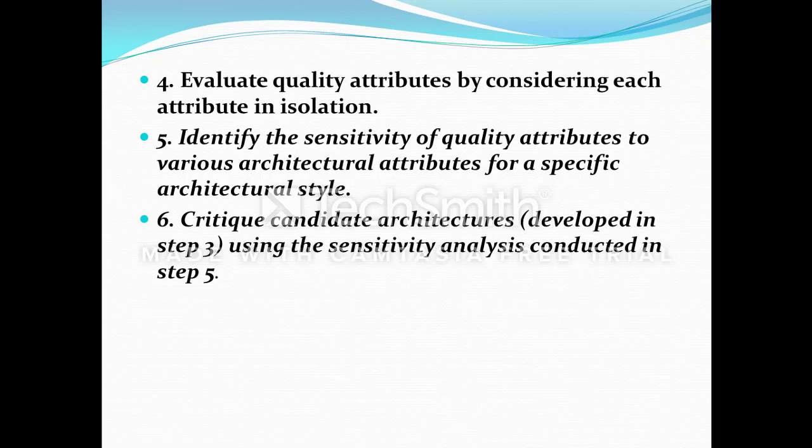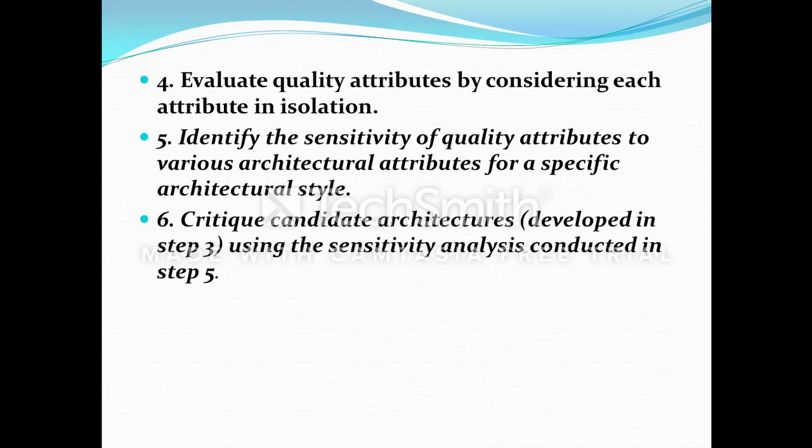Based on the results of step 5 and step 6, some architectural alternatives may be eliminated. One or more of the remaining architectures may be modified and then the ATAM steps are reapplied.